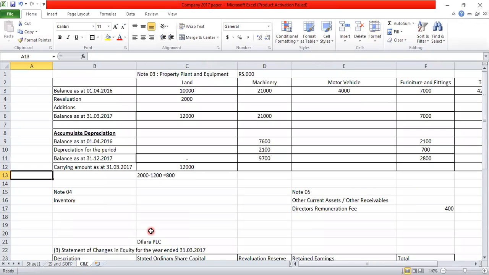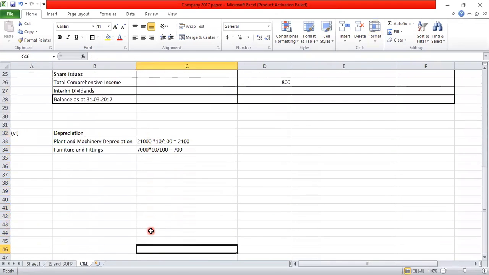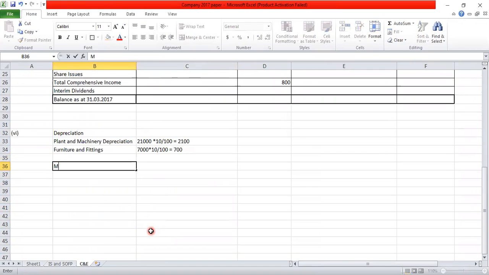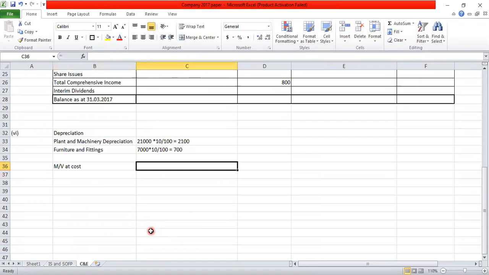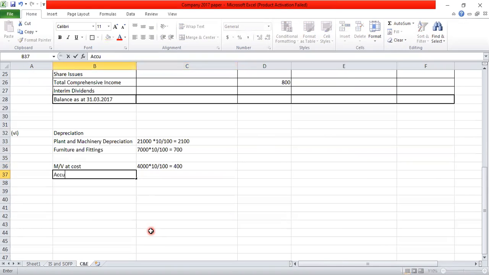Now let me move on to adjustment number 6. We have motor vehicle at cost. How much do we have at cost? 4,000, as you all know. So this was the 10% depreciation as I have seen for every property, plant, equipment. I got 400 here. The actual accumulated depreciation, I mean brought forward, because now the closing is 2,000.